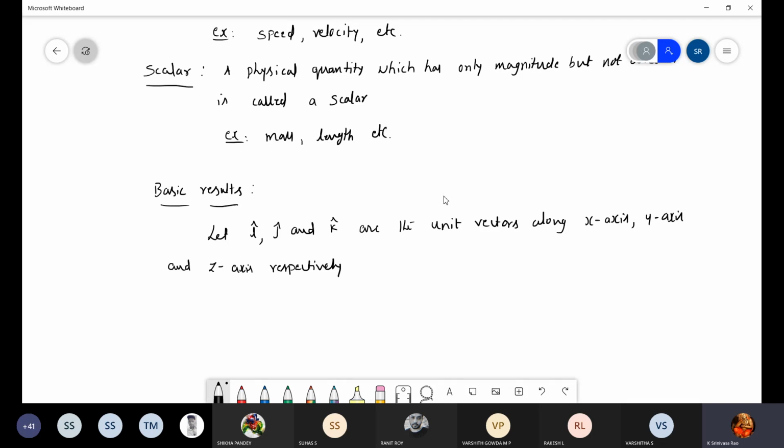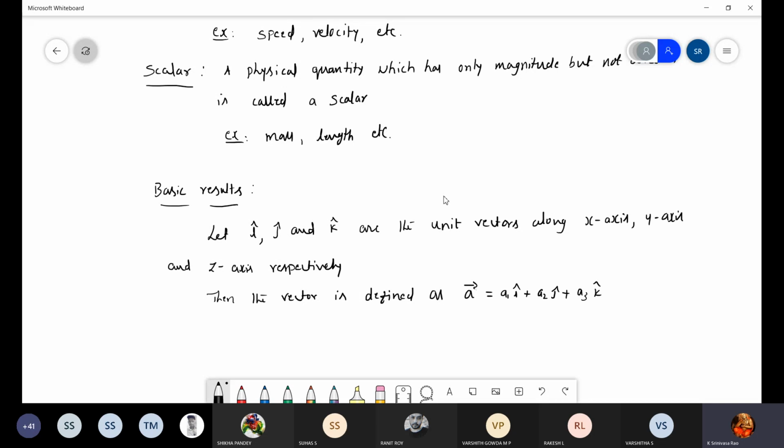Next, the vector is defined as vector A equals a1 i cap plus a2 j cap plus a3 k cap.